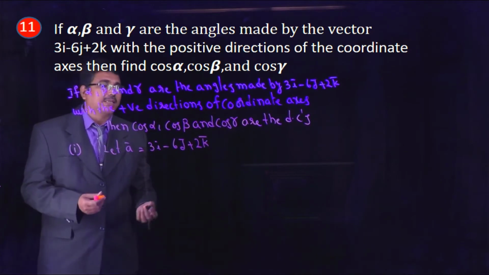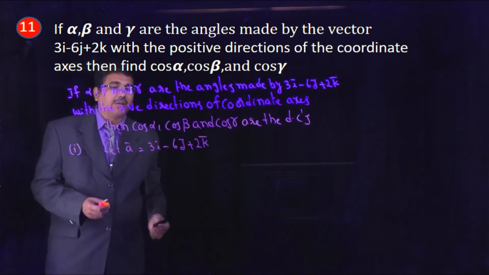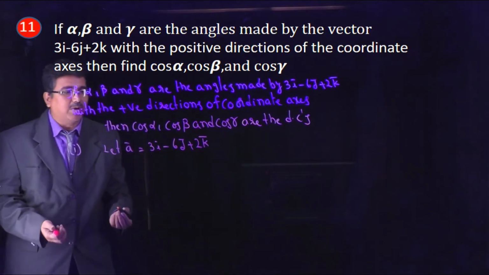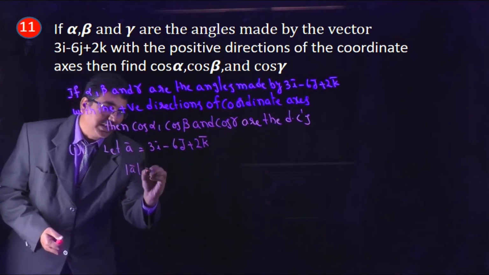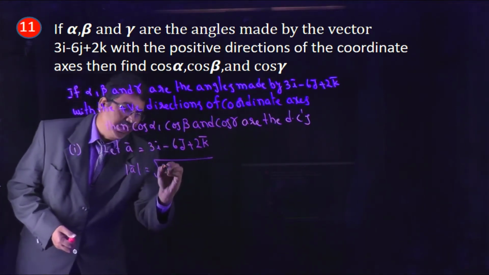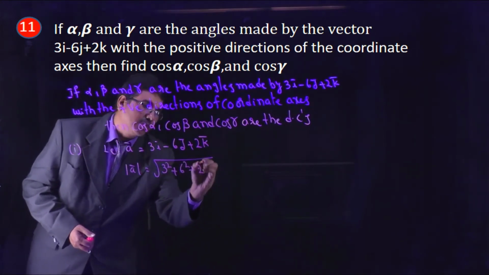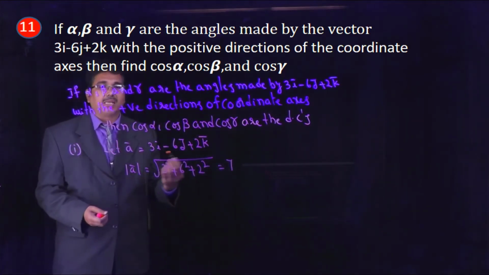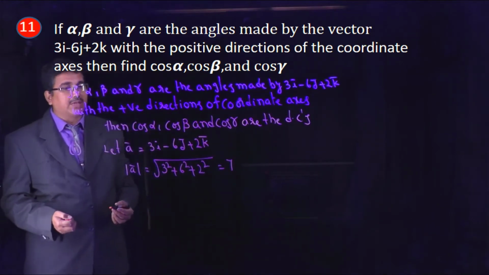To find the direction cosines, simply find the unit vector of a bar. First, mod a bar is equal to the square root of 3 squared plus 6 squared plus 2 squared, that is 9 plus 36 plus 4, root 49, that is equal to 7.